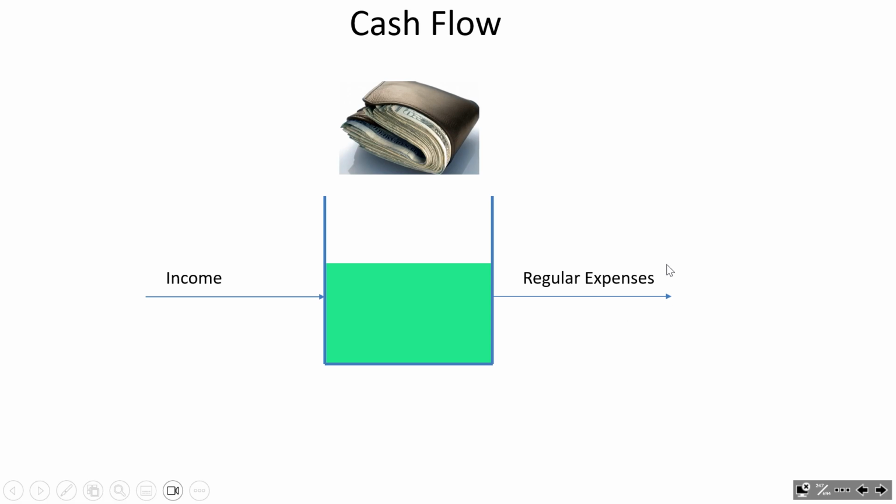If the expenses were greater than the income, then the level of liquid in the tank, or the level of savings that you have, is going down. But there's also a reaction happening inside of the tank, and the reaction is compound interest.